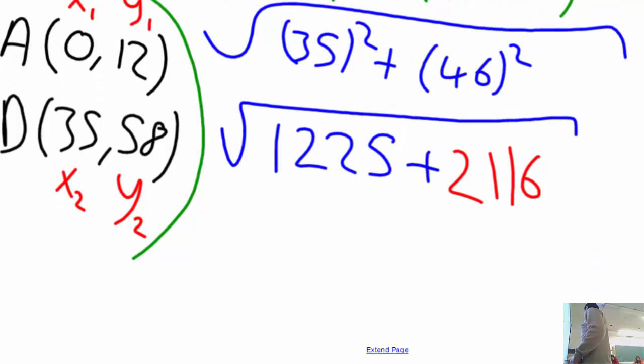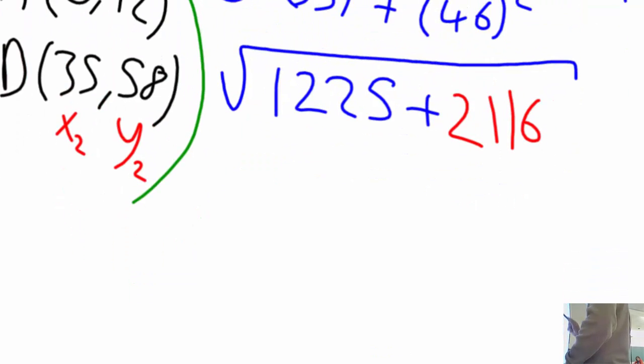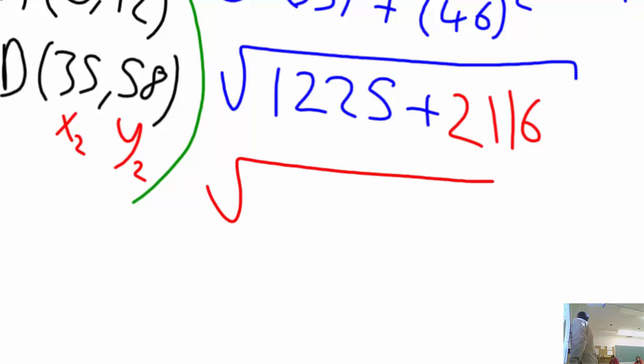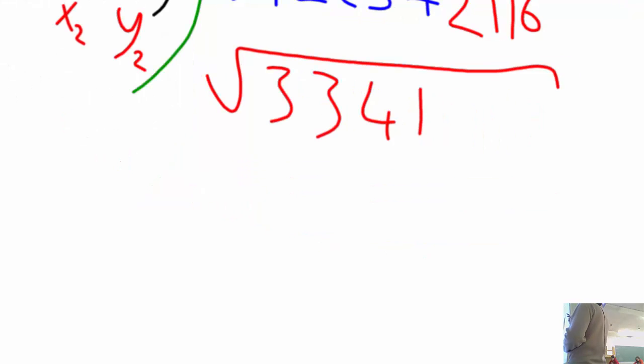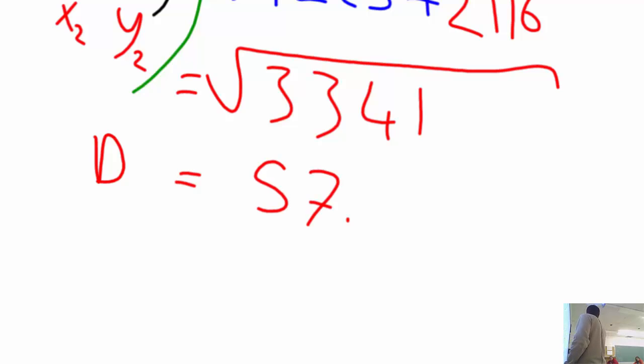Tell me what you got. 3341. And the square root of that is the distance. What number did you get now? 57.8. Okay, we are done.